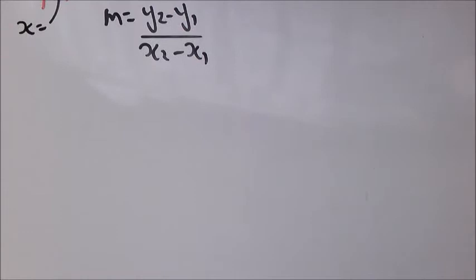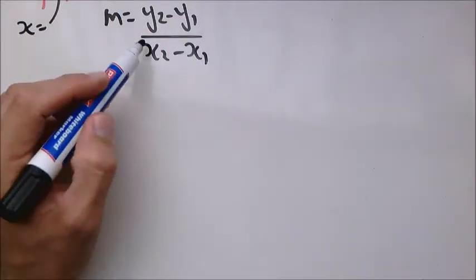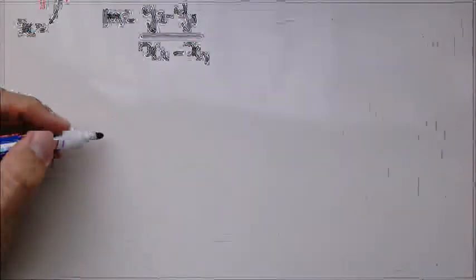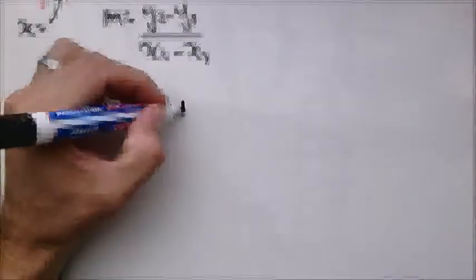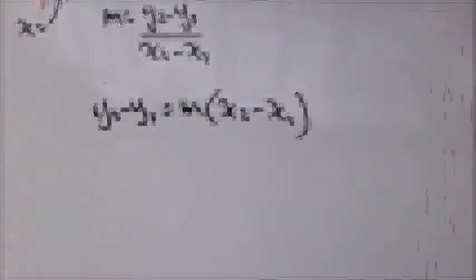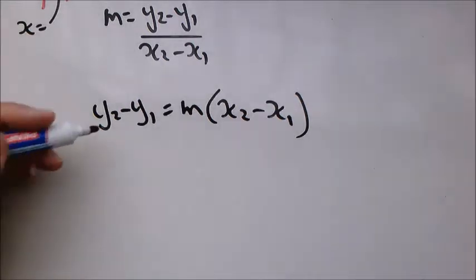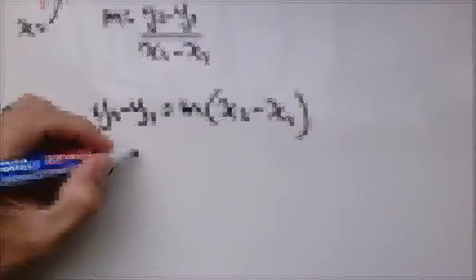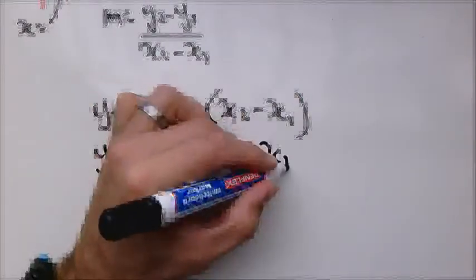But wait, before we look at these scenarios, I need to show you this awesome formula. Now, it starts with the definition of the gradient. Okay. I want you to understand that I'm going to multiply on both sides with x2 minus x1. So the one side is y2 minus y1. The other side is m times x2 minus x1. In order to get to the equation of any straight line, we can change this and say y minus y1 equals m times x minus x1.